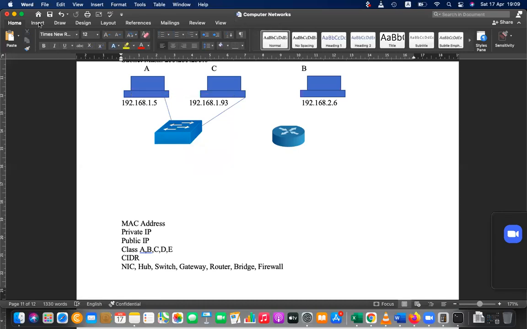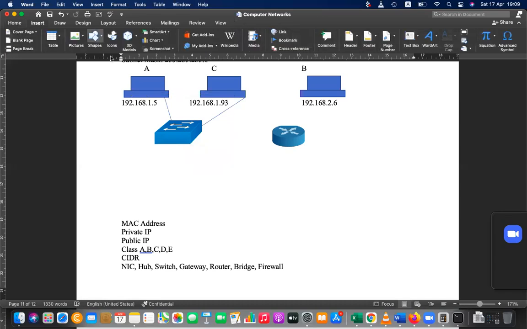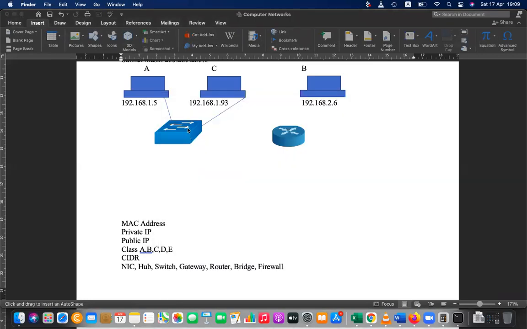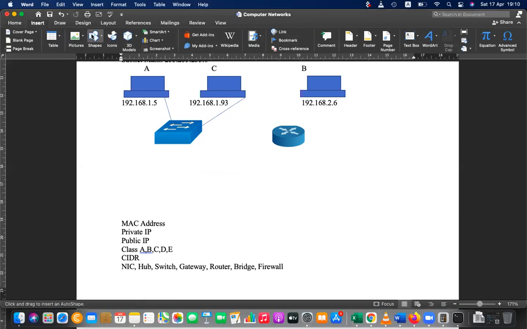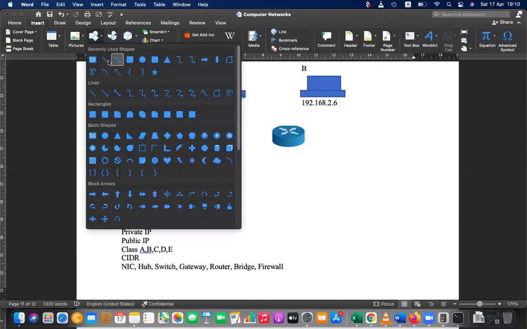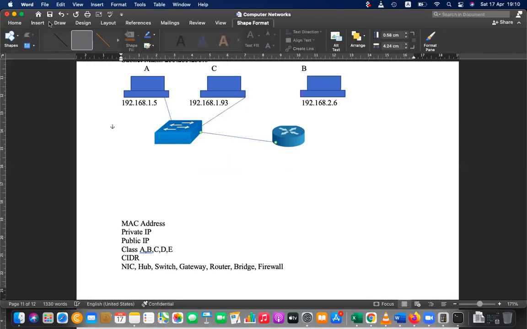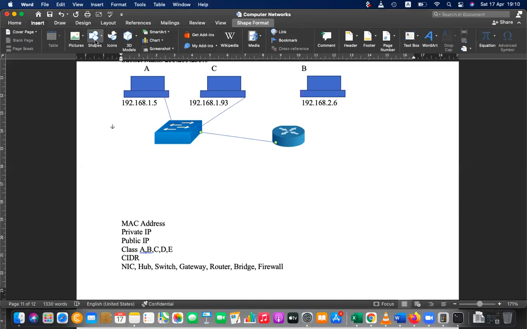So this can be connected using a router. Here to here, we'll have a router connection. The router can be connected to the second network.